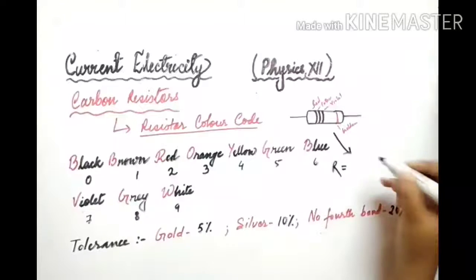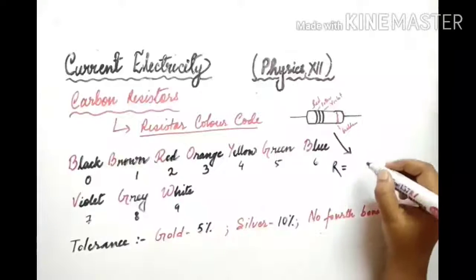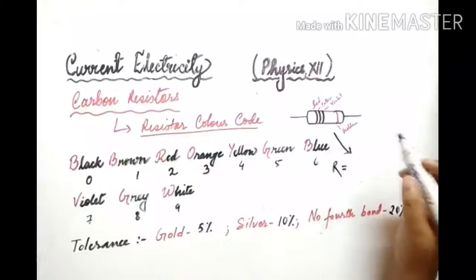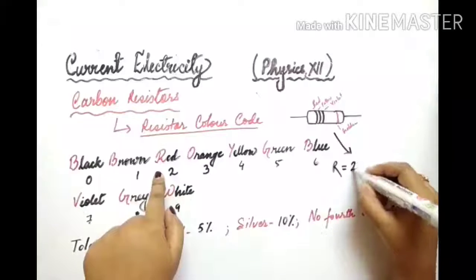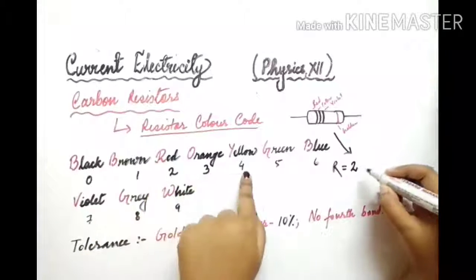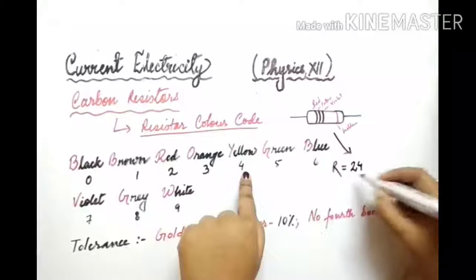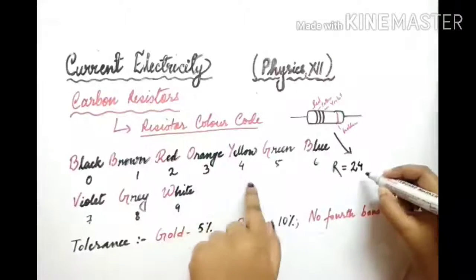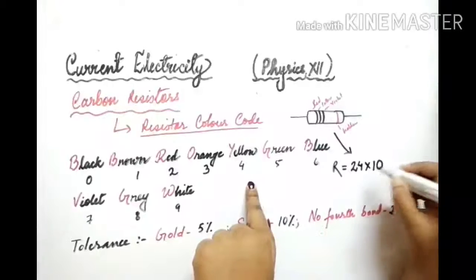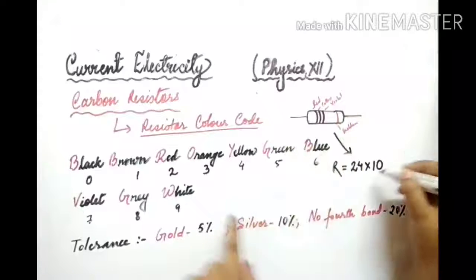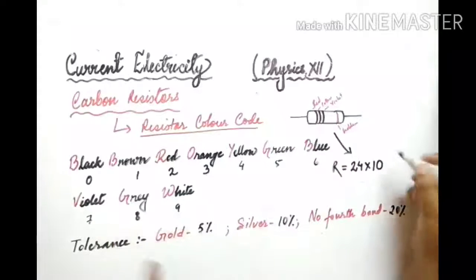The resistance of this carbon resistor will be given by: see the digit for red, it is 2. For yellow it is 4. Now the first two figures you have to write, into 10 to the power, then the next color: violet is 7, so 10 to the power 7.